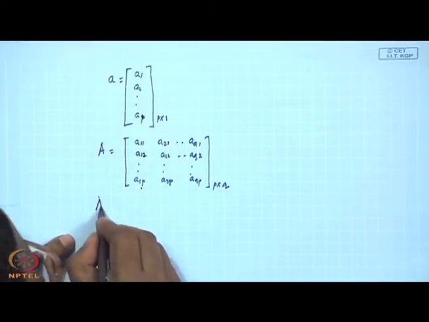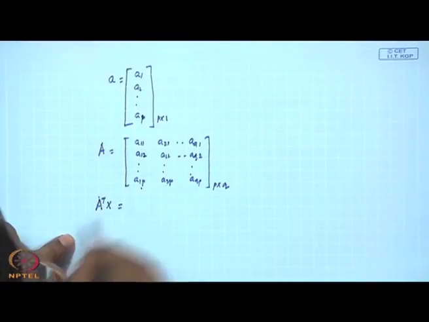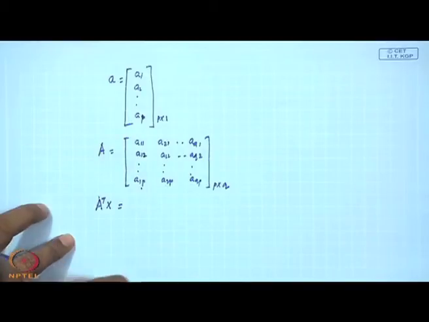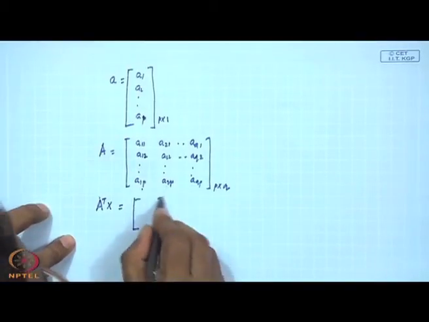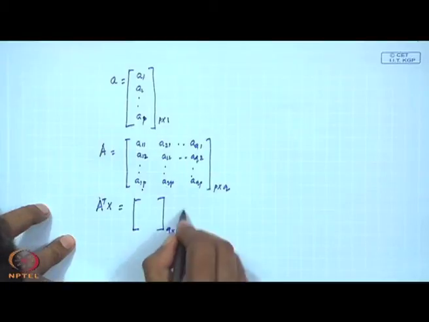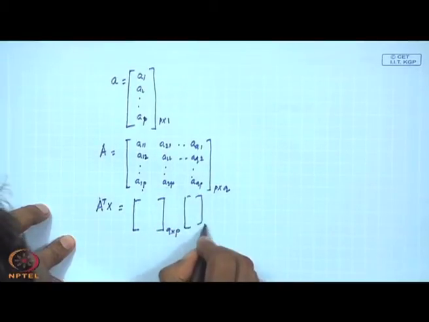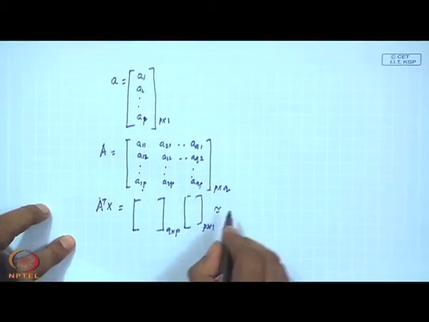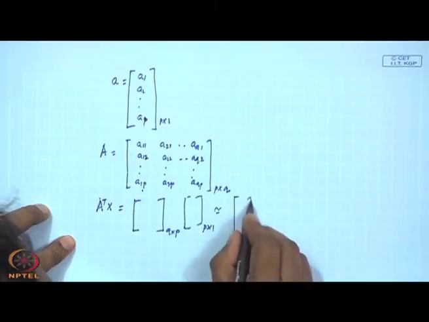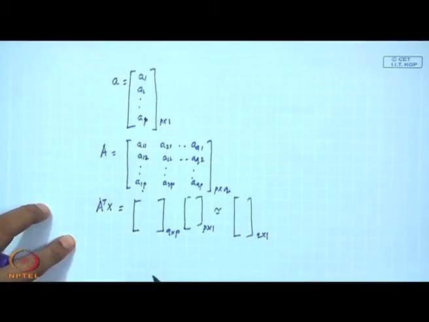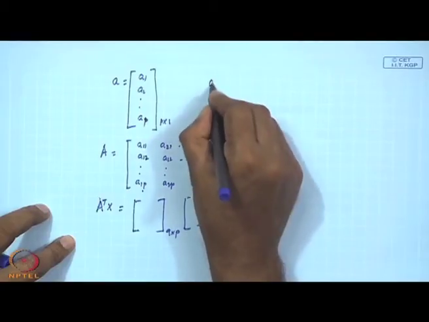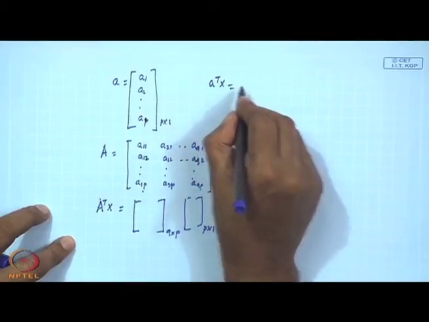Now if I make A transpose X, this will be q cross p and this will be p cross 1. So, you will be getting q cross 1, whereas in one linear combination A transpose is basically 1 cross p and the result is 1 cross 1.